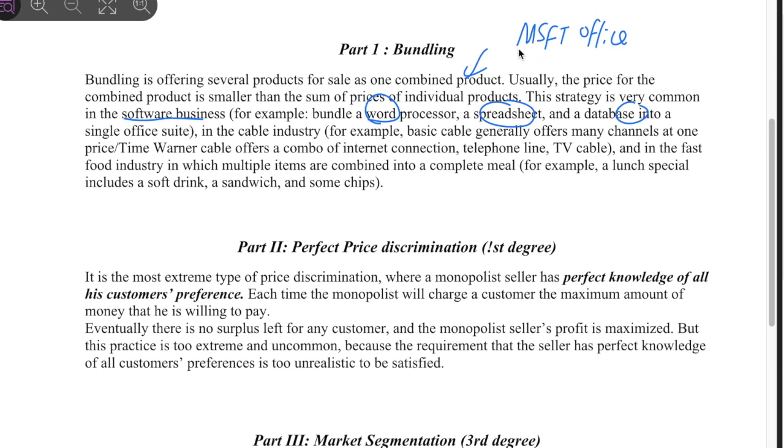We just buy one Microsoft Office bundle. I don't know how much it costs, but let's say it's $50 for the bundle. If they're sold individually, maybe Word costs about $20, Excel about $25, and others about $10.